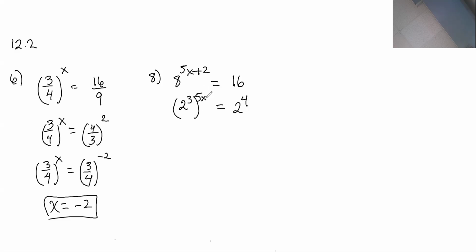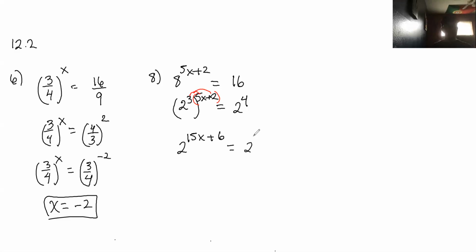Okay, so I'm not changing the way anything looks. I'm not changing the value of anything, just the way it looks. So 8 is 2 to the 3rd, but it's still the same value. What do I do with a power to a power? I asked that earlier. I multiply, correct? Yes. And what would that give me? 2 to the 15x plus what? 6. Equals 2 to the 4th. Do I now have it where they are the same base? Yeah.